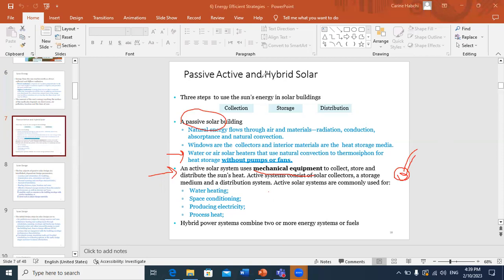Another strategy that can always be effective is hybrid power plants. It's very good in general to combine several energy systems, because as we discussed last time, for example, if you combine wind and solar, this can be very interesting, because in some periods you have fewer hours of sun, but you have more wind.